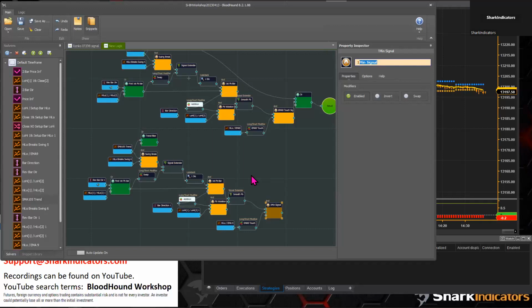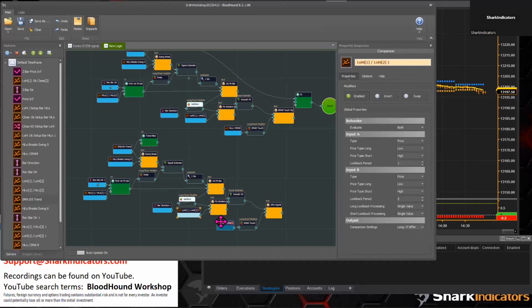Oh, okay. One other thing to be mindful of is that when you do a copy and paste, you're making duplicates of all the solvers.